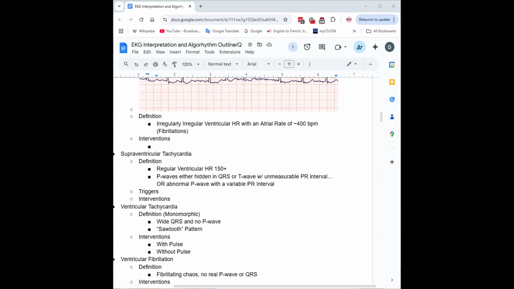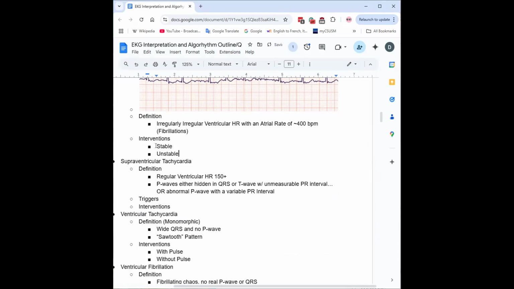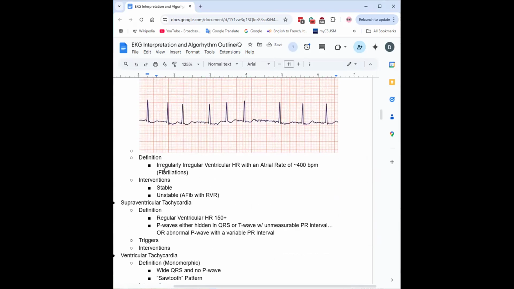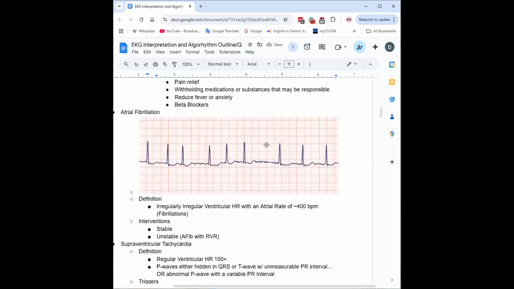So let's split things up into stable AFib versus unstable AFib. Usually the unstable AFib, you can think of it like AFib with RVR, RVR referring to rapid ventricular rate, meaning the heart rate goes really fast, a heart rate of over 100.